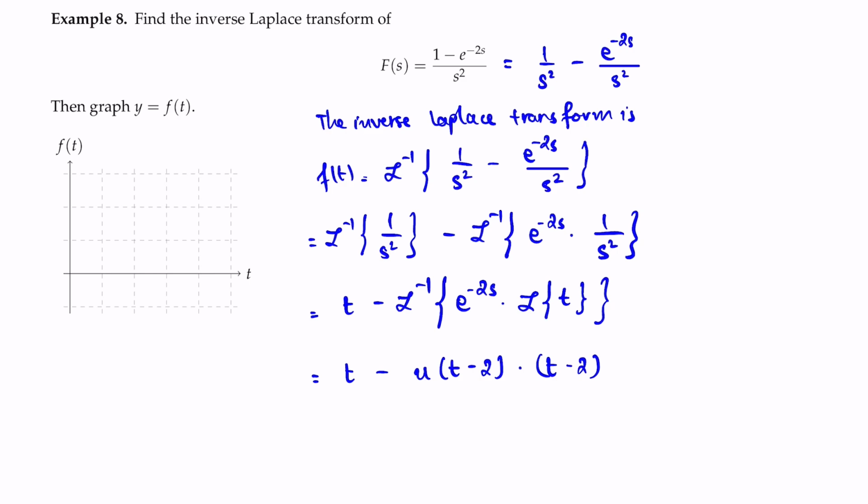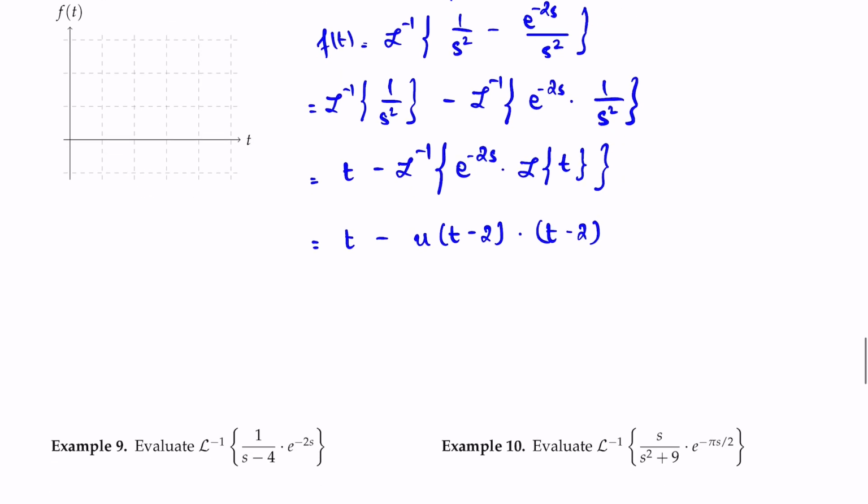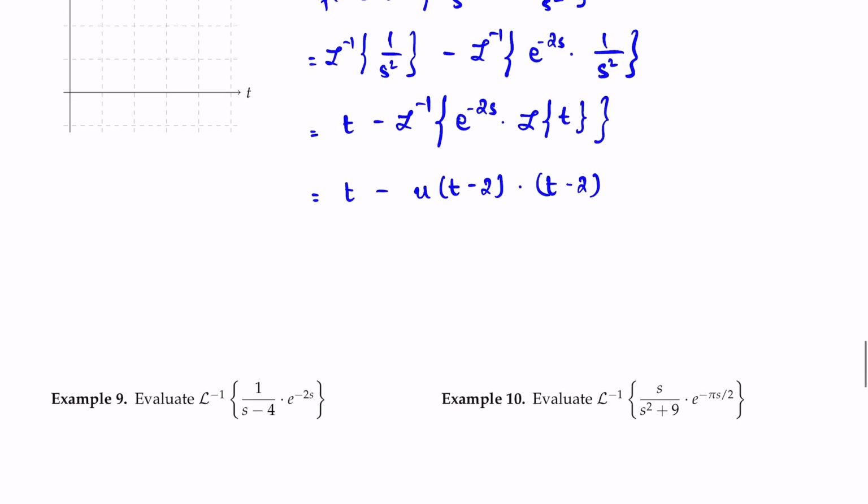Yes. Okay. Now the formula for the Laplace transform of, let me write over here, the function f of t minus c times u of t minus c. You okay with this? The Laplace transform of this is e to the negative cs times the Laplace transform of f of t. You okay with this formula? Yeah.